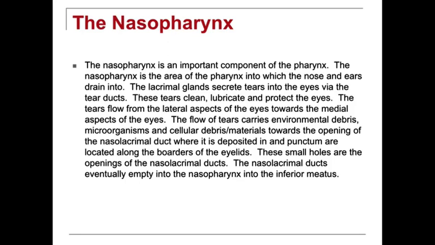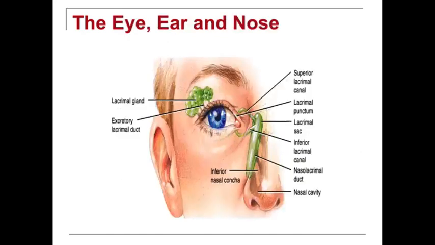It's going to carry a lot of environmental debris with it, and it's going to open up inside the nose, where you have that inferior meatus. As a result of all that debris moving in, there's going to be a histamine reaction inside the nose, where you're going to have swelling of the turbinates, and that's where you become very nasal.